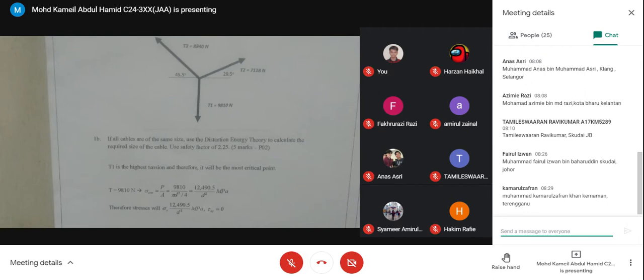From this free body diagram, we can tell T1 is the highest tension. T1 is the highest tension and therefore will be considered the critical point, because of the maximum load.